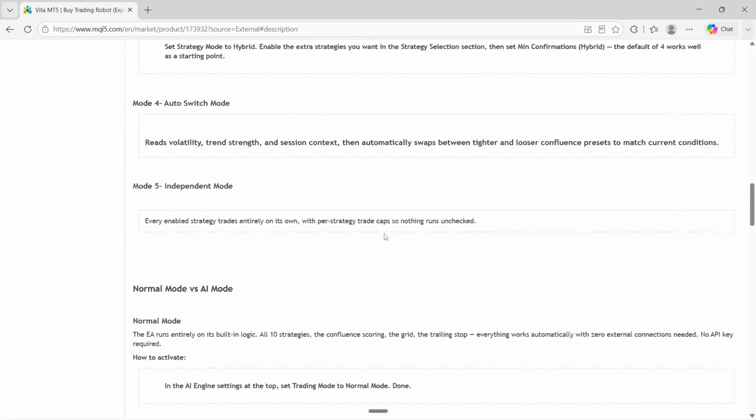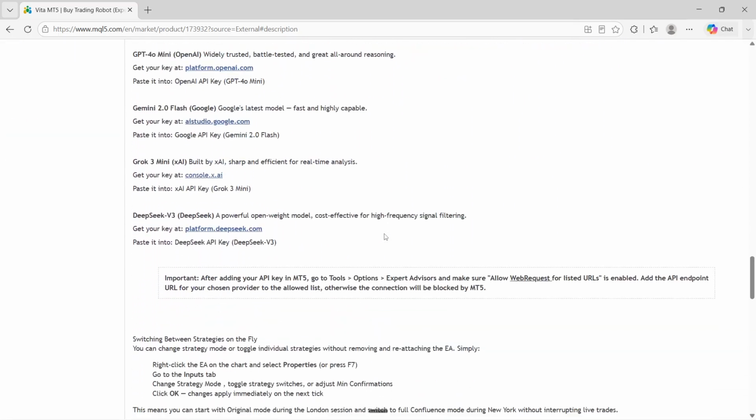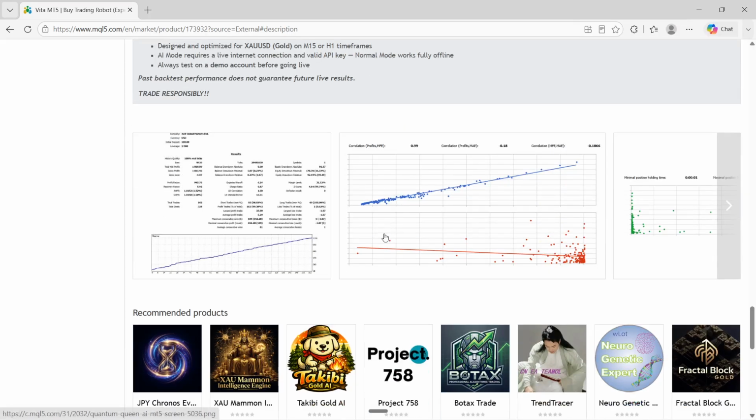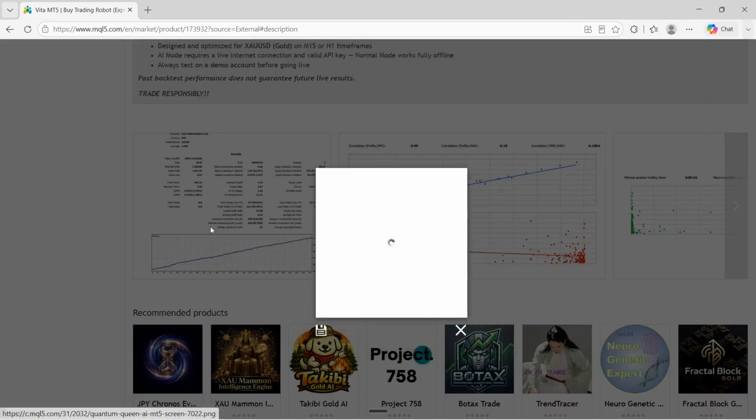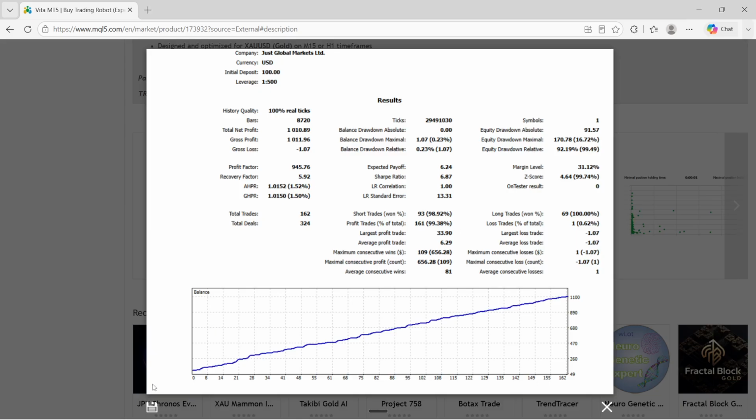All right, so we have some screenshots on the website actually, so you can see some results. So taking a look at the equity curve, you can see how it looks. Pretty decent actually. You can see decent movement to the upside.